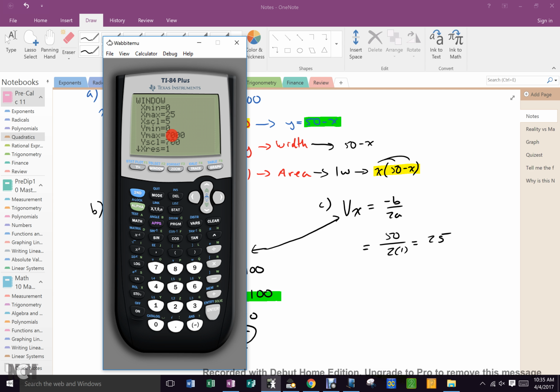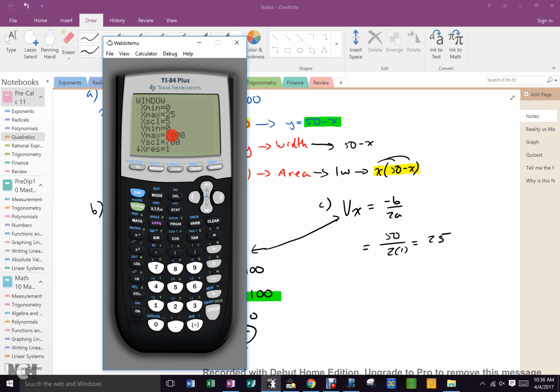Okay, now, I have my y maximum set at 7,000, because the last thing I did on my calculator was the ticket question from the Quadratics, right? Which needed to be really high because I was making $7,000 on it, yeah? Do I need 7,000 here?